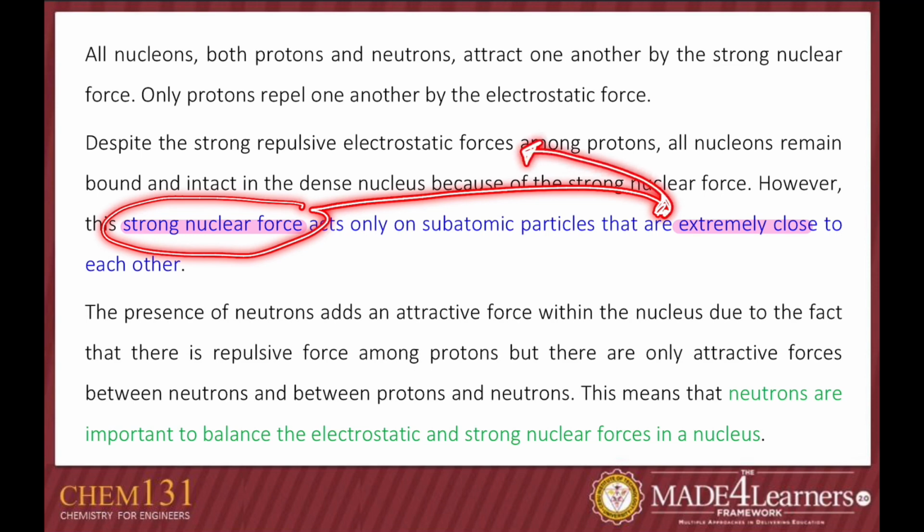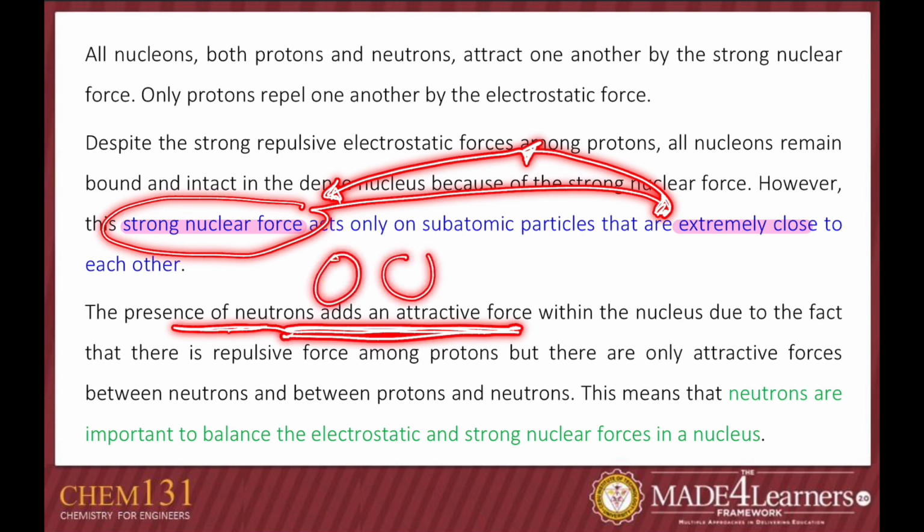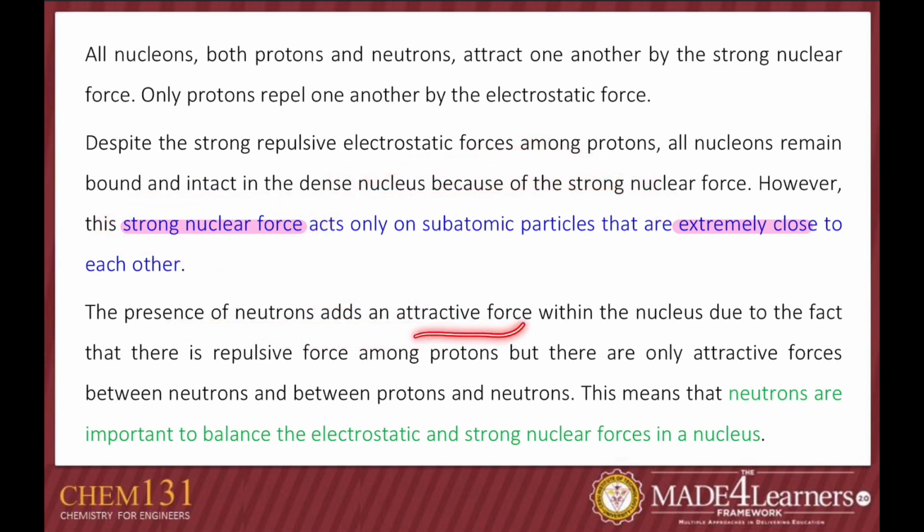But what will help this strong nuclear force para mudaog siya is the addition of neutrons. Because the presence of neutrons will add an attractive force. Kay si neutron, naay nuclear force, di ba? Neutron and proton. Naay nuclear force nga nag-act between them. That pulls them closer together. So, mo add siya attractive force. So, mapildi na ni si electrostatic force kung padugangan na to si neutron, no?